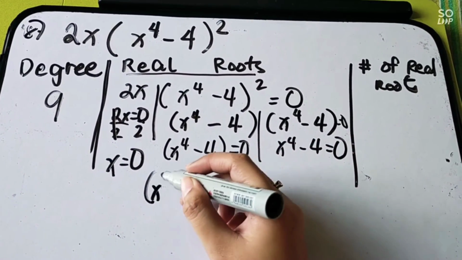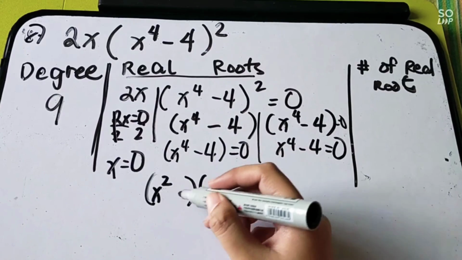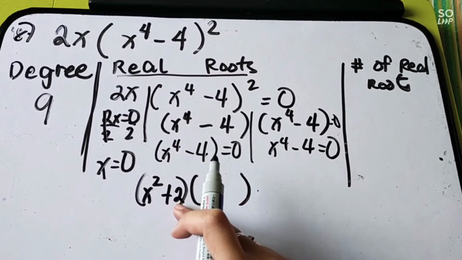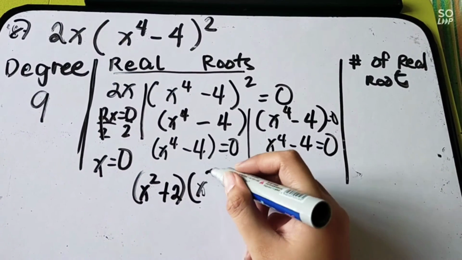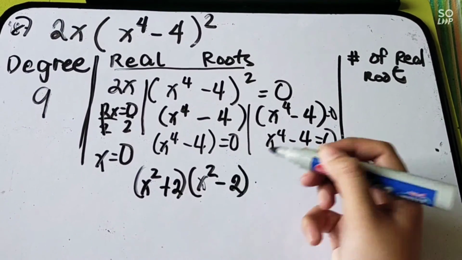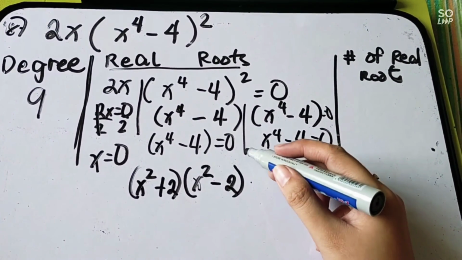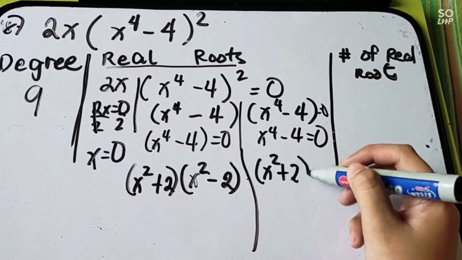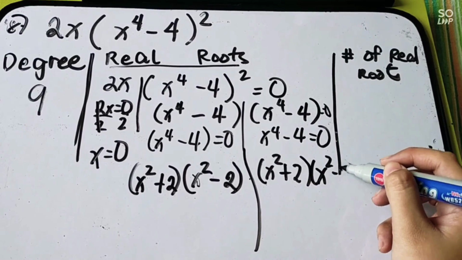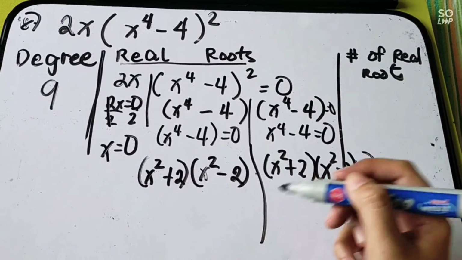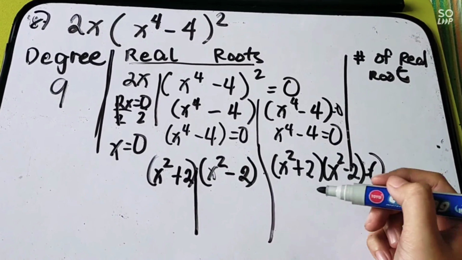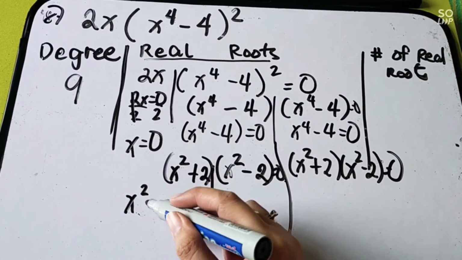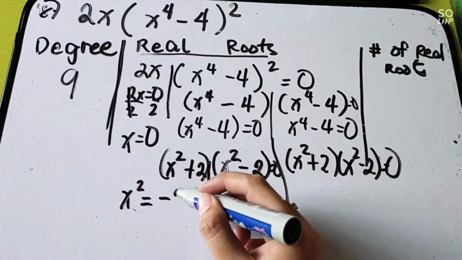Magiging x squared. Isa ay x squared plus 2. Square root nito. Square root nito. Tapos, x squared, then minus 2. Diba? So, we have x squared plus 2, then x squared minus 2 equals to 0. Separate pa ulit. Pwede pa equate. Equate ulit sa 0. So, we have here x squared is equal to negative 2.